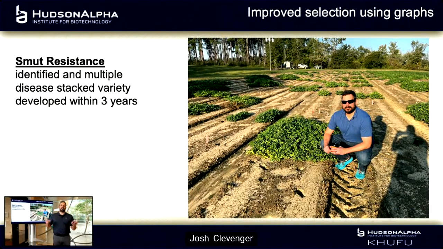And again, back to our example. There's me in front of a peanut variety that is smut resistant, high oleic, and has other disease resistances as well. From the time we identified the smut resistance to the time we were able to develop that peanut variety was right around 3 years.